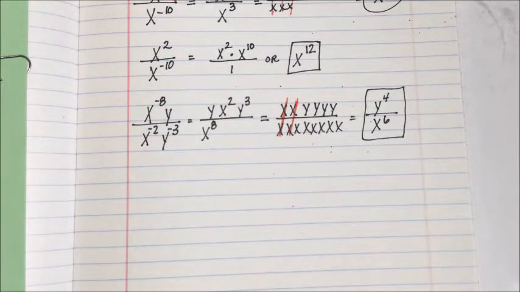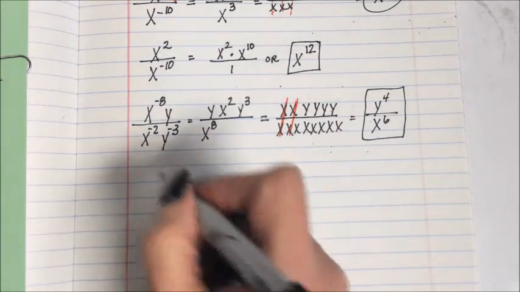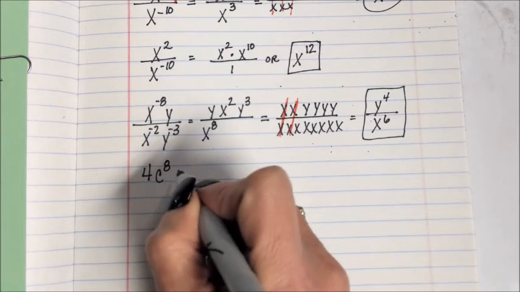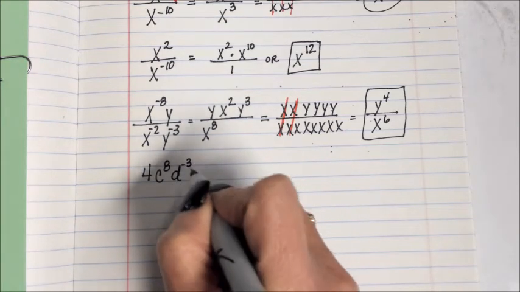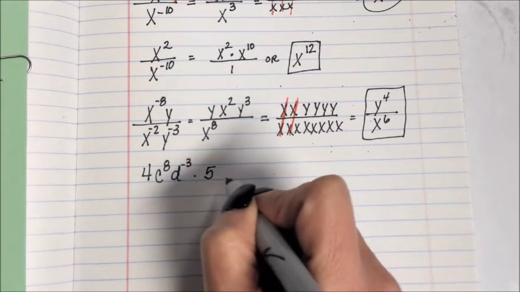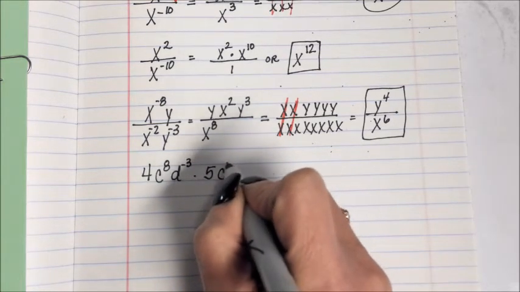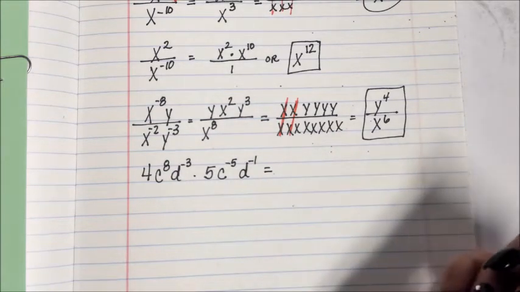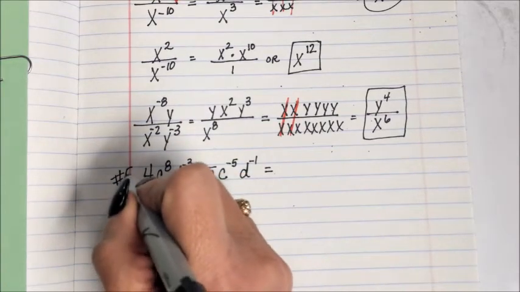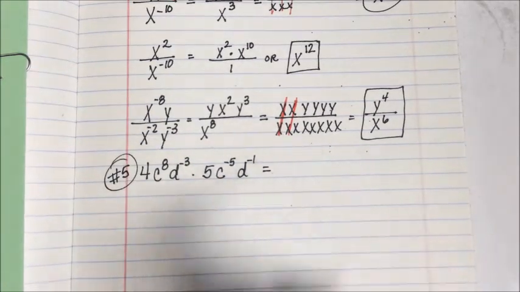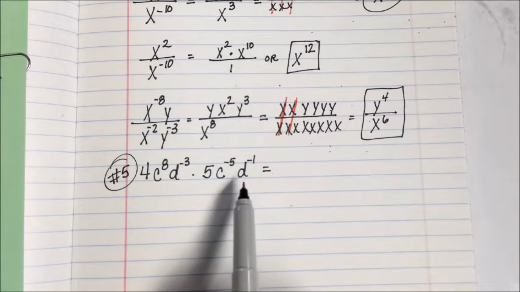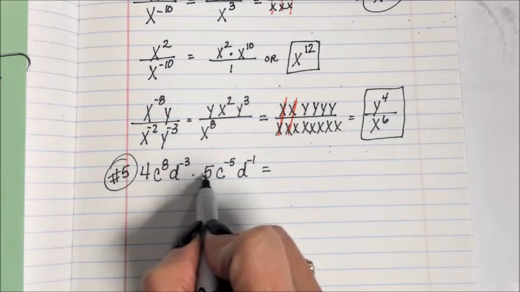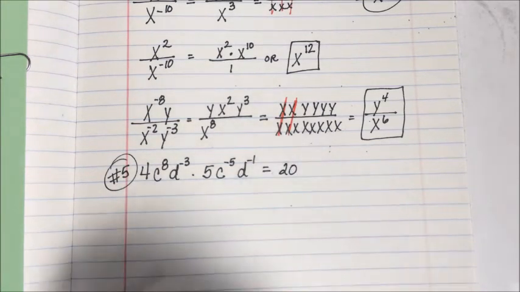So let's take, I'm on the green worksheet if you have it. Let's do this number 5: 4c to the 8th d to the negative 3 times 5 c to the negative 5 d to the negative 1. All right, and again, this is number 5. Okay, so before I do anything, I'm going to go ahead and put all this together. 4 times 5 is 20.